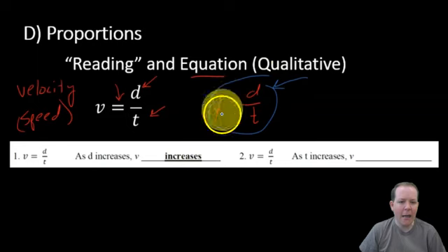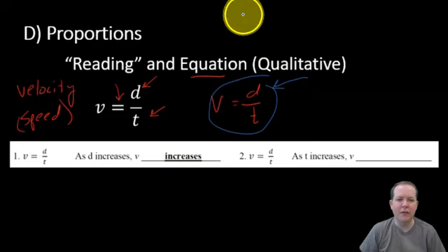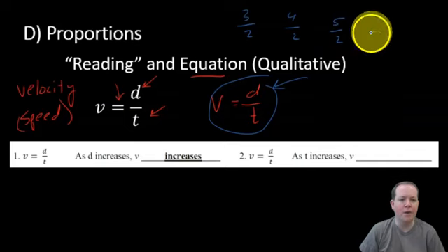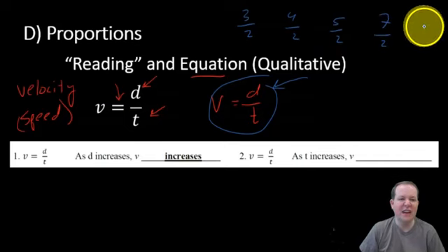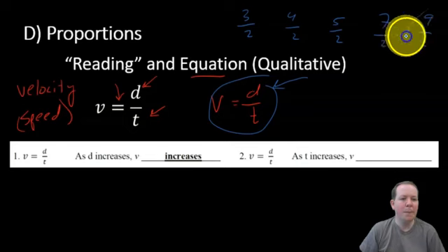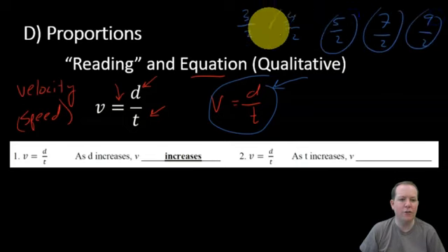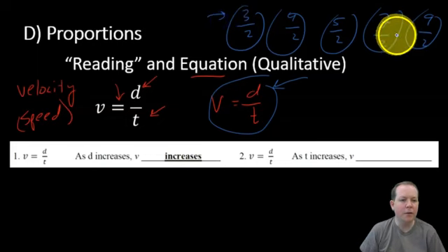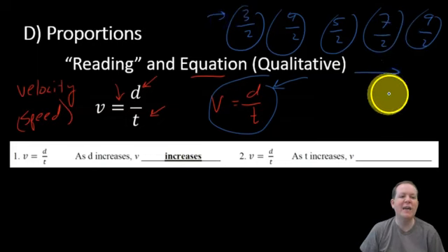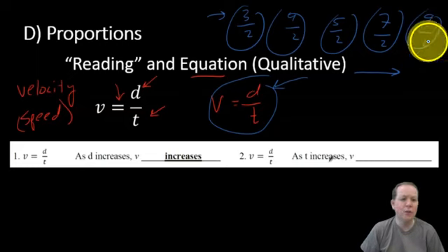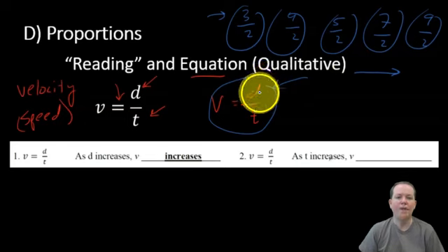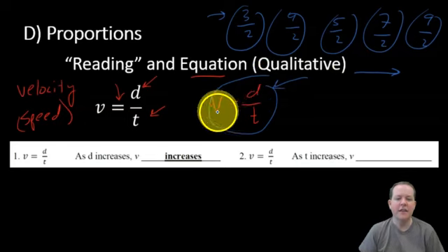Tell me, what happens to the overall result if I make the numerator bigger and bigger and bigger? I'm just making up numbers here. What happens to the overall fraction when the numerator gets bigger? The overall value increases. 9 over 2 is bigger than 7 over 2, is bigger than 5 over 2. When the top increases, the overall result increases.